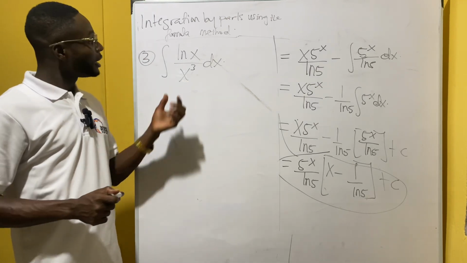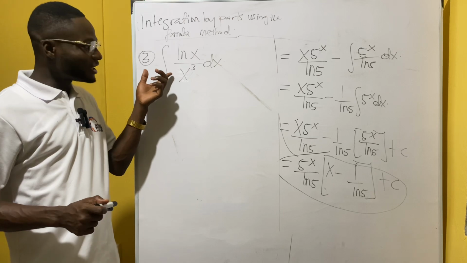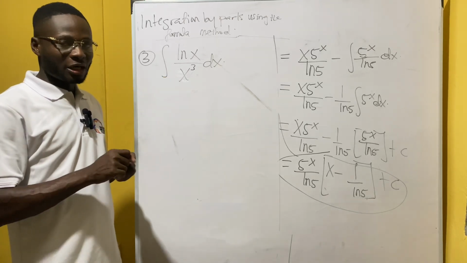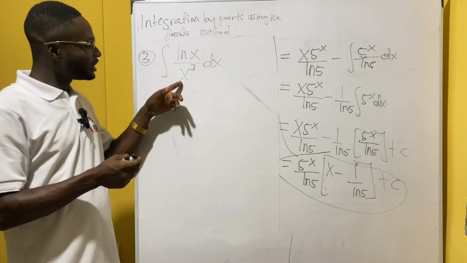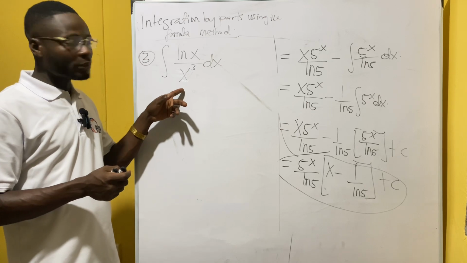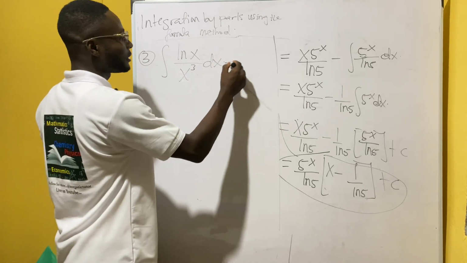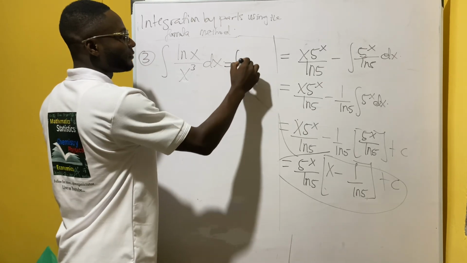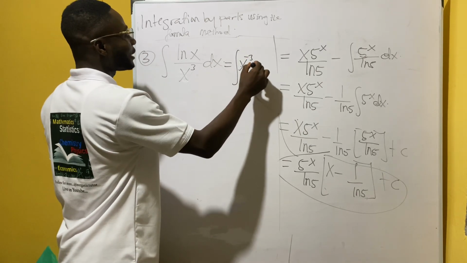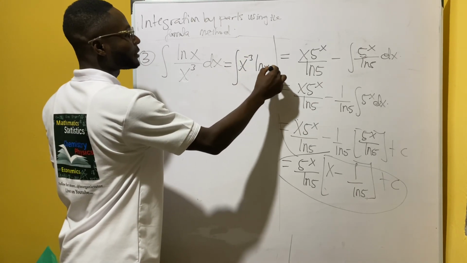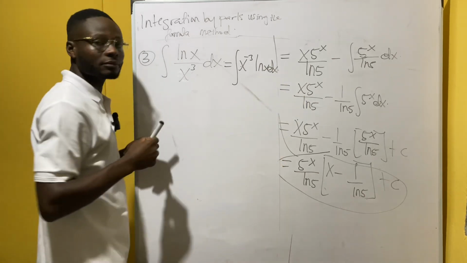So what do we do? You can see that we can change the fraction, by changing the 1 over x cubed to x power negative 3. So this is the same as integral of x power negative 3 ln x dx.